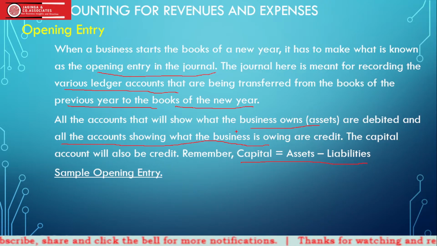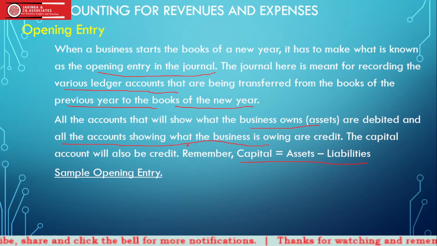So the element of expenses is not here, because when you are trading at the end of a period, we'll be having a profit and loss account. We said that profit and loss account shows the financial performance of a business, and the financial performance will show whether you've made a loss or a profit. When it is being carried forward to the next year or the next period, it will go to equity. So we'll be talking about the retained earnings and not the profit and loss balances.